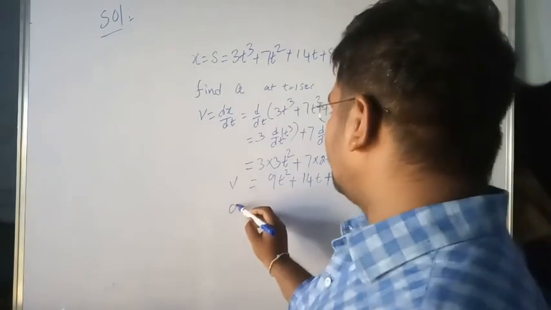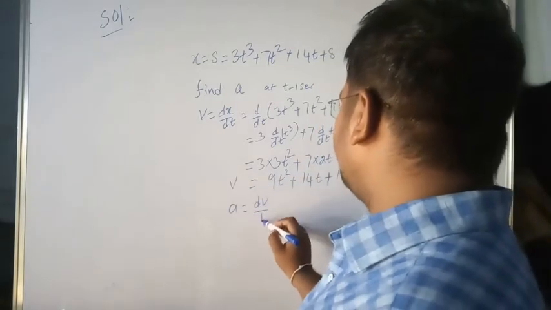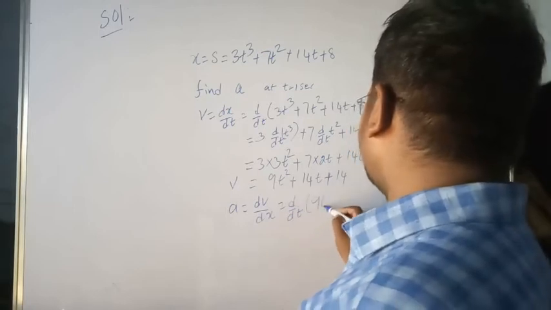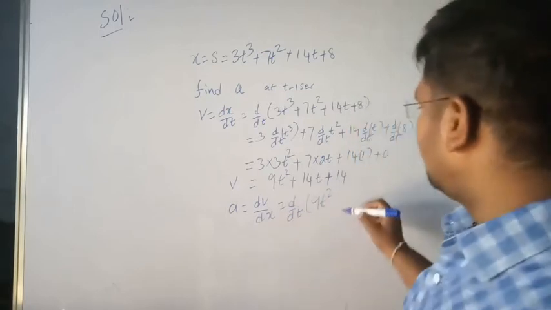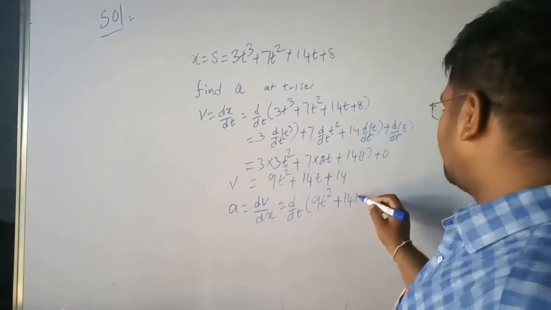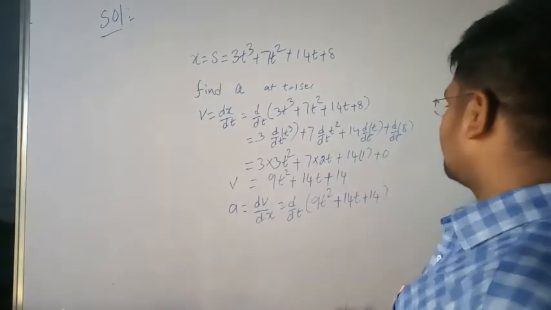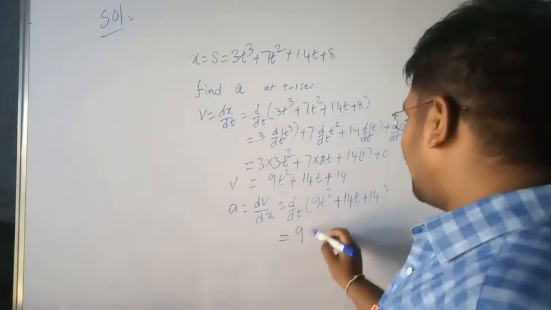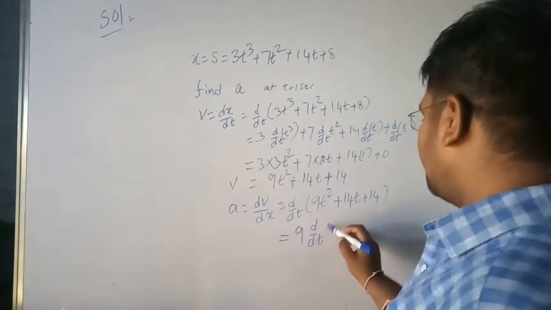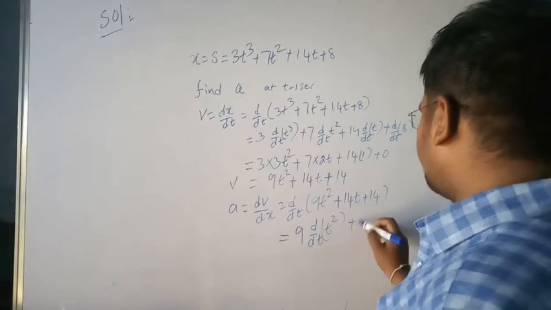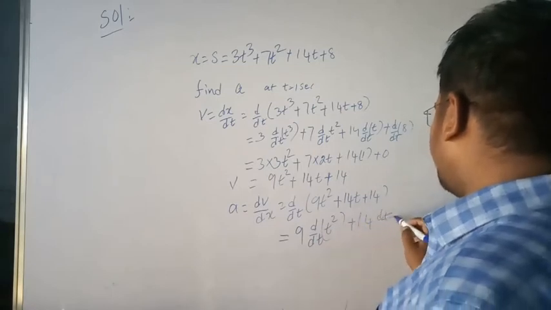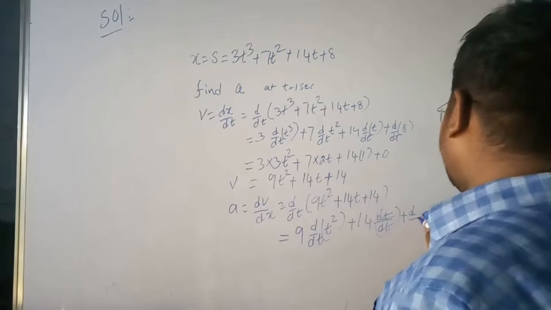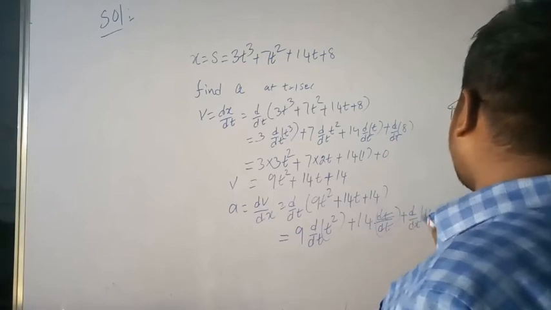And acceleration, a is equal to dv by dt, that is equal to d by dt of 9t square plus 14t plus 14. Understand? So by rearranging, 9 d by dt of t square plus 14 d by dt of t plus d by dt of 14.